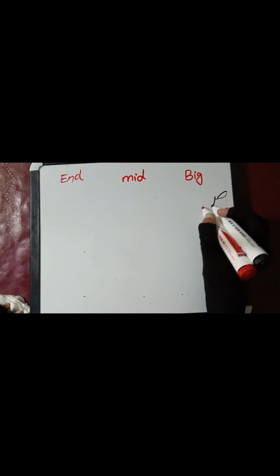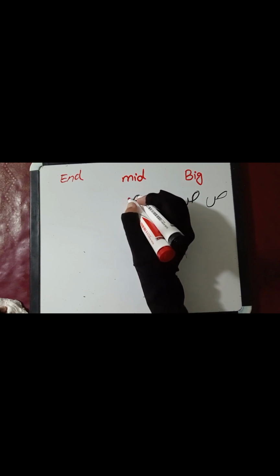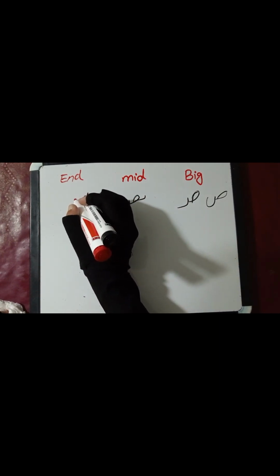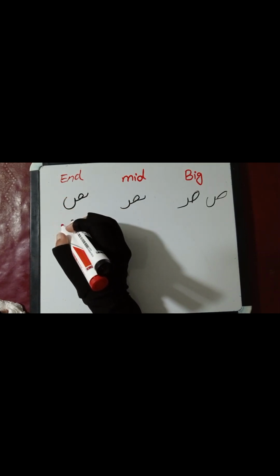Swat, in the beginning it has this shape, and in the middle it comes with two connectors, and in the ending sometimes it comes with connector and sometimes without connector.